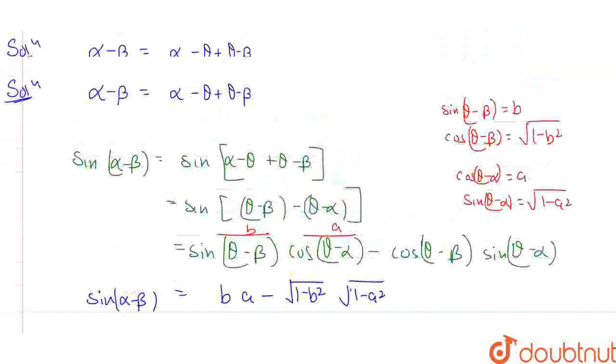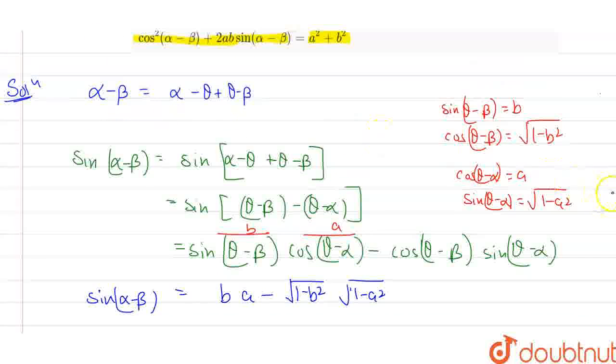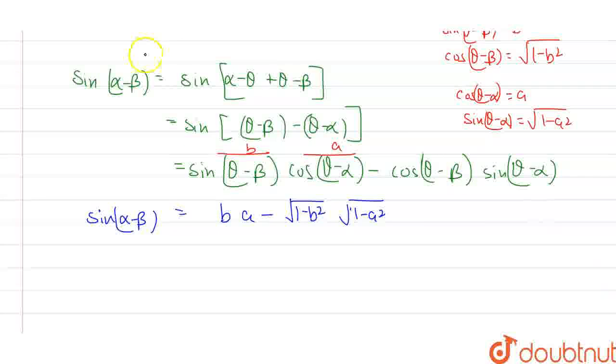Cos(alpha minus beta) I can again write as cos of (theta minus beta minus (theta minus alpha)), same as we did in the above part.